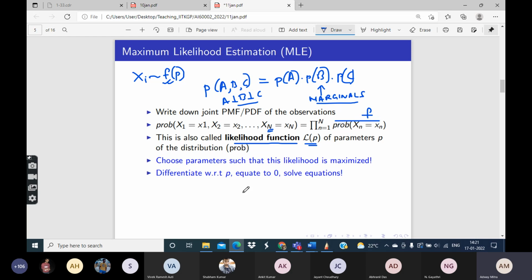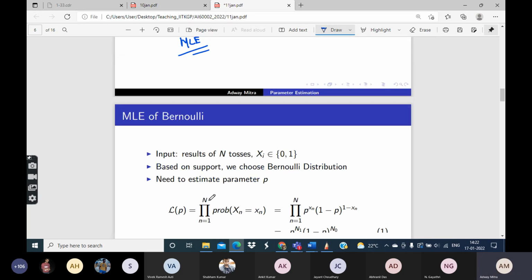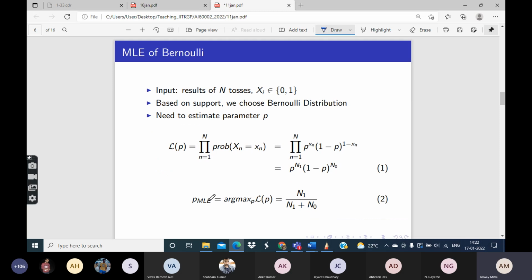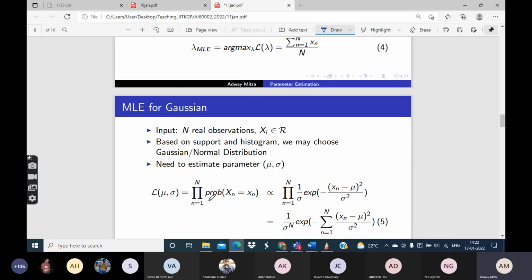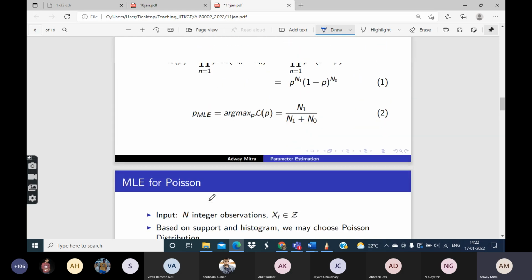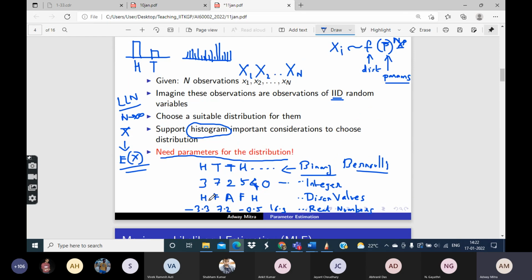What we get that way are the maximum likelihood estimates, or MLE, of the different parameters. In the last class we saw examples of such maximum likelihood estimation for the Bernoulli distribution, for the Poisson distribution, etc.